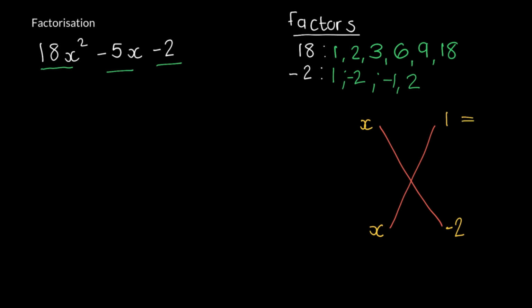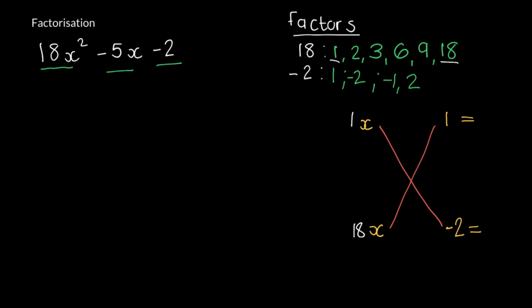So we're going to put an equal sign here and an equal sign here. What we're going to do here is look at the factors of 18. We can start with 1 and 18. So we can write 1x multiplied by 18x, that will give us 18x squared.